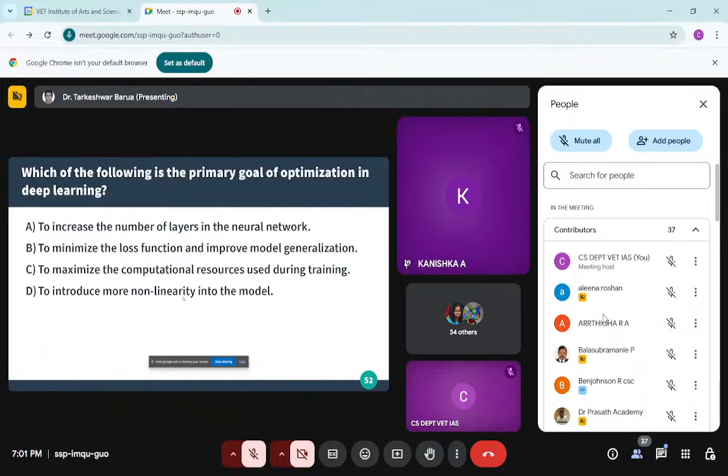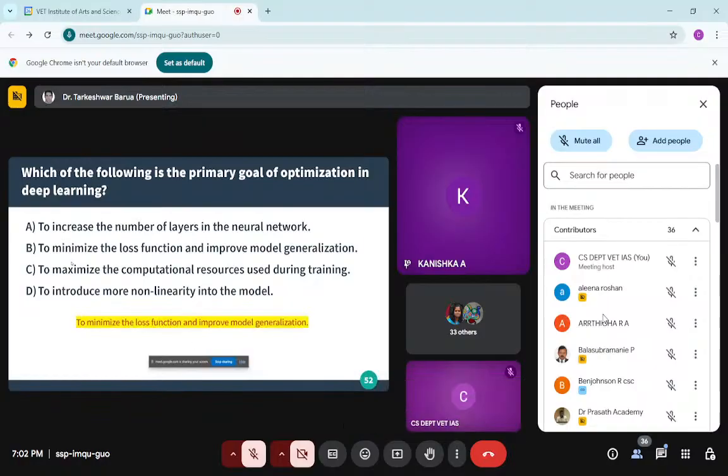Now I have a few questions, so please try to answer them. Which of the following is the primary goal of optimization in deep learning? Basically to minimize the loss and improve the model generalization.